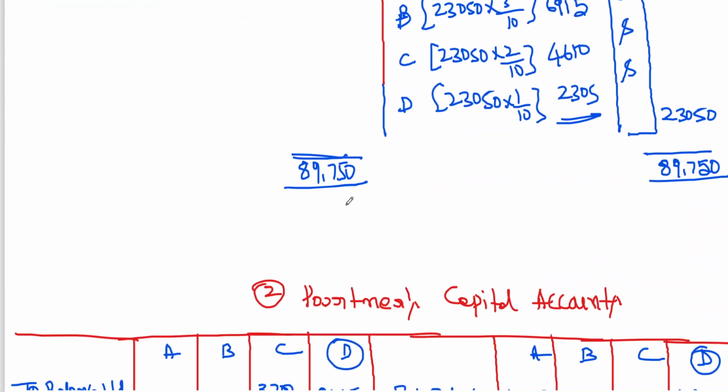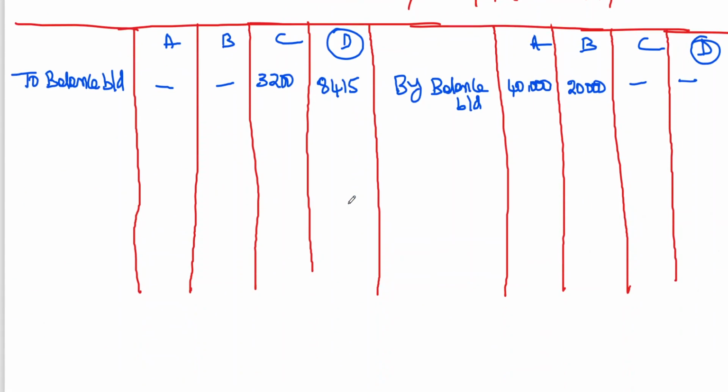Now let us go to partners capital account. Here in this case, partners haven't taken any assets. So normally you go for transfer of loss to realization account.